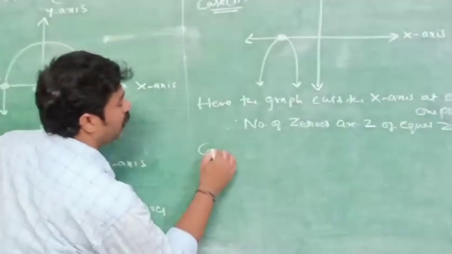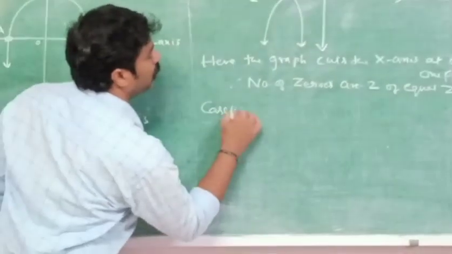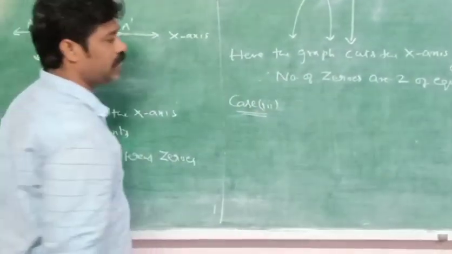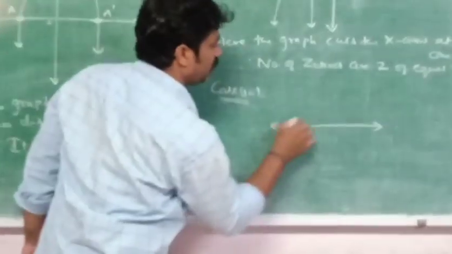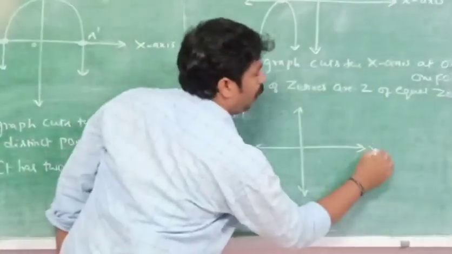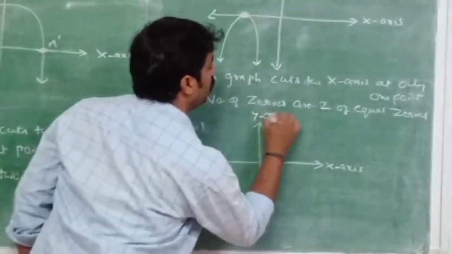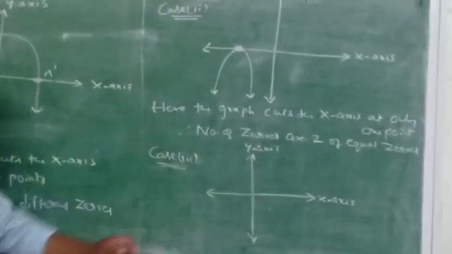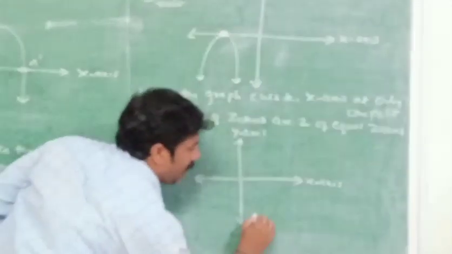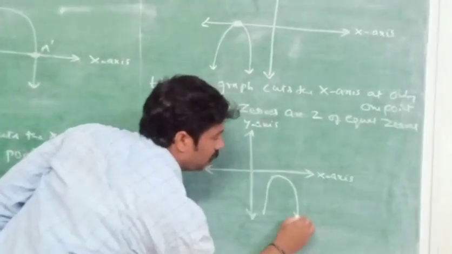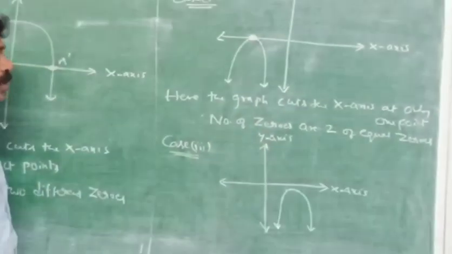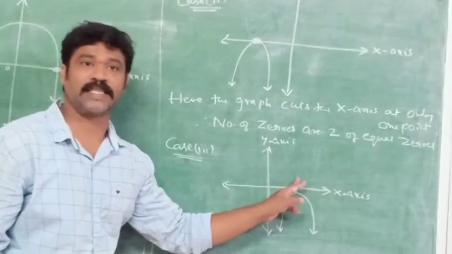Similarly, here also in the third case, if you take x-axis and y-axis, and if you draw the graph of that polynomial, then the third possibility is that it does not touch the x-axis. So let it be this one. So here the graph does not touch the x-axis.